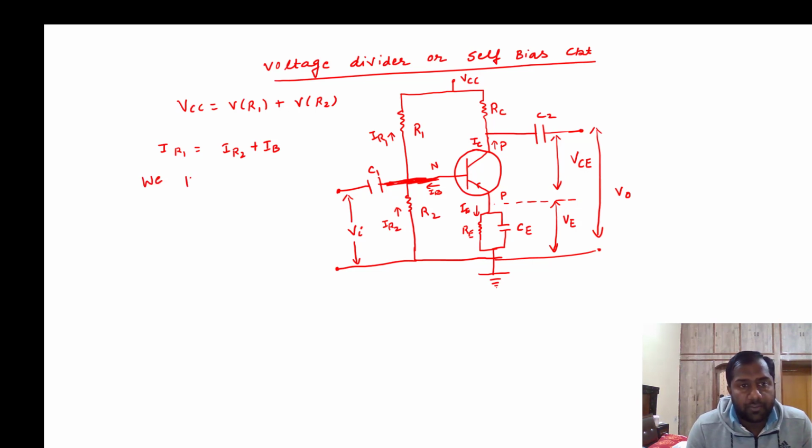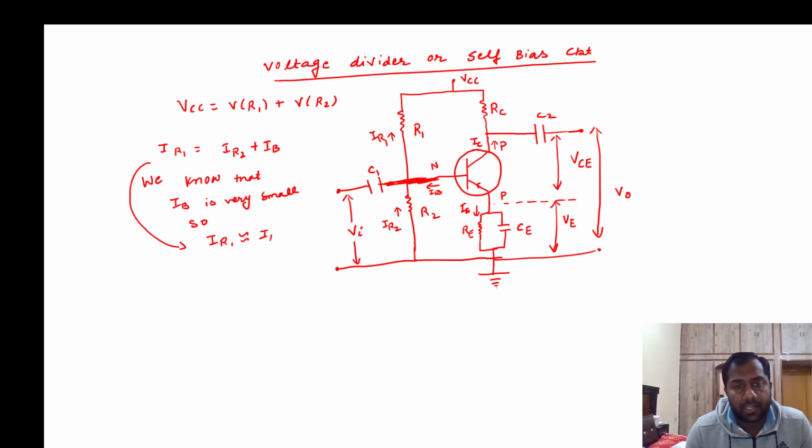Here we will write, we know that IB is very small. So from here, children, what do we have? IR1 is numerically equal to IR2. Clear? So now what we are doing here? Suppose this is equation number 1.